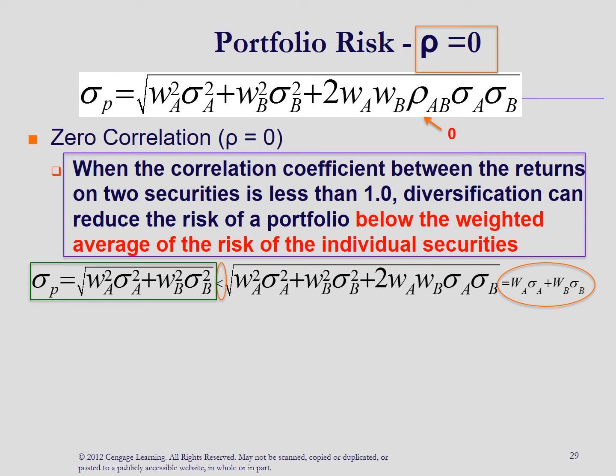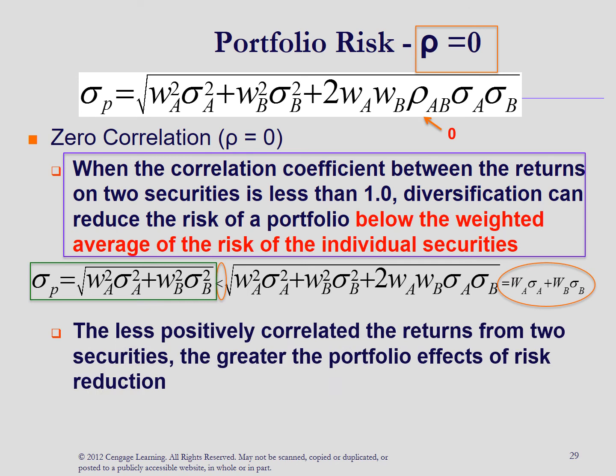That is, diversification can reduce the risk of a portfolio below the weighted average of the risk of the individual securities when the correlation coefficient between the returns on two securities is less than 1. The less positively correlated the returns from two securities, the greater the portfolio effects of risk reduction.